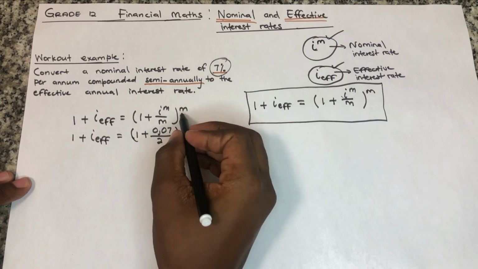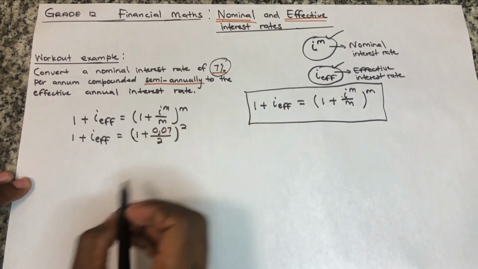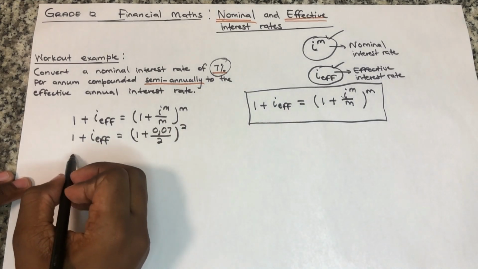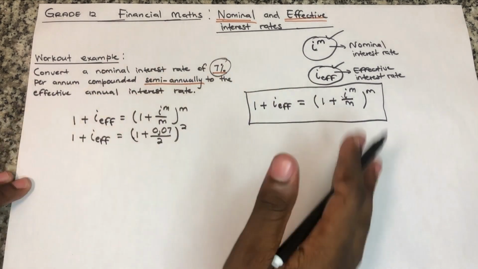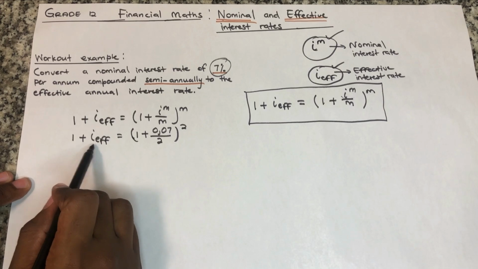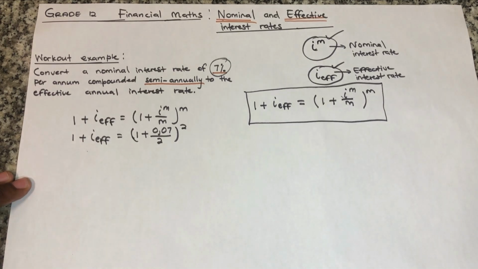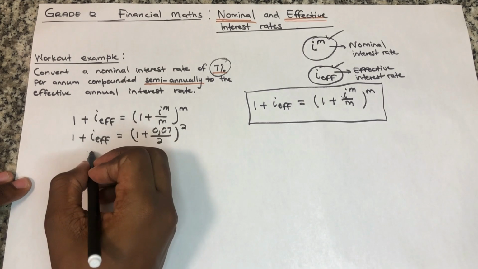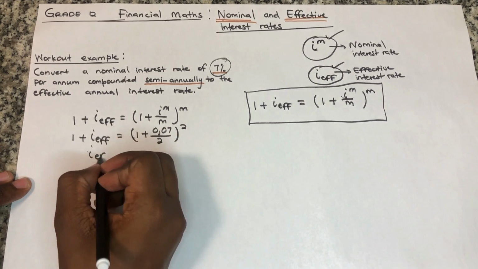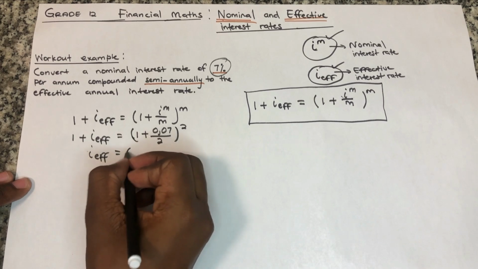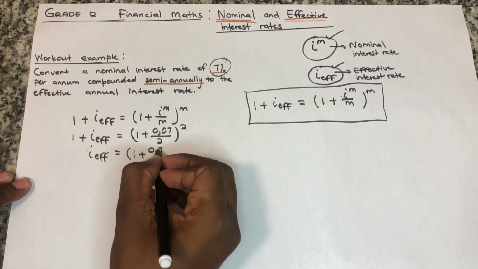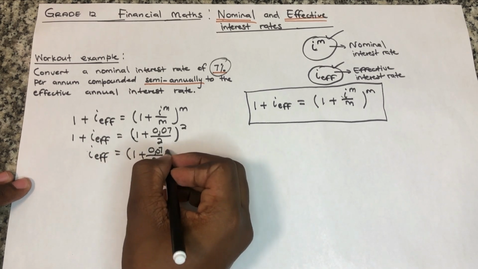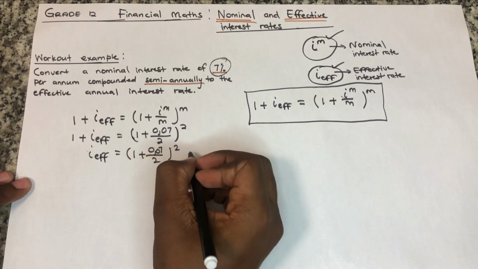So the compounding periods is 2 again. Let's take 1 to that side because we're looking for the effective interest rate. So IEFF is equal to (1 plus 0.07 divided by 2) to the power of 2, minus 1.